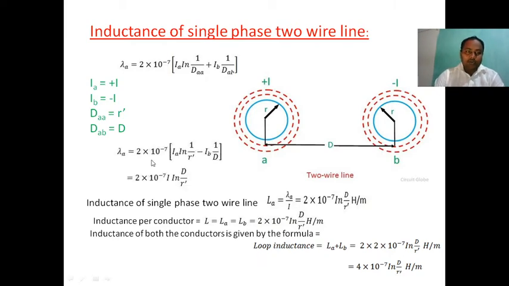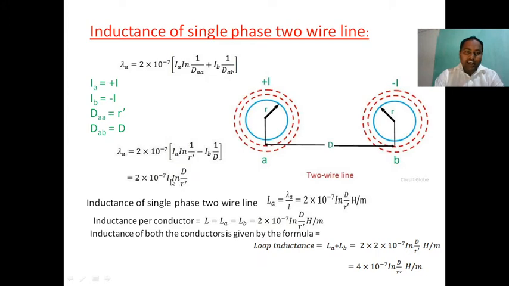So please see, the flux linkage of conductor A is equal to 2 into 10 power minus 7 IA log 1 by R dash. We replace DAA with R dash, DAB with D. So if you take IA (log A minus log B) and substitute the formula, we get 2 into 10 power minus 7 I log D by R dash.